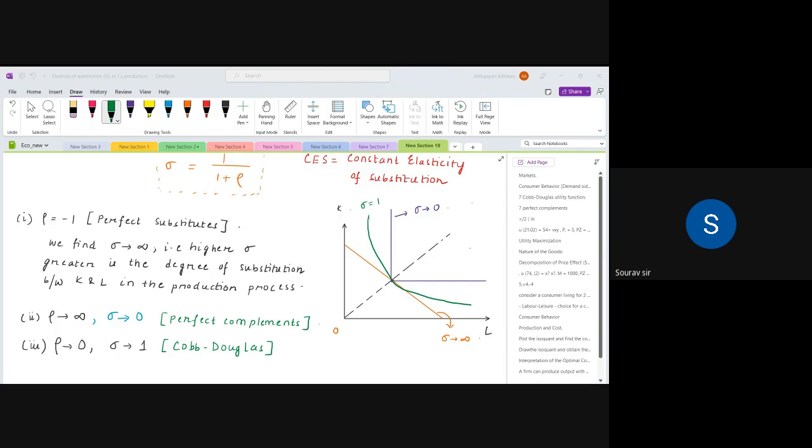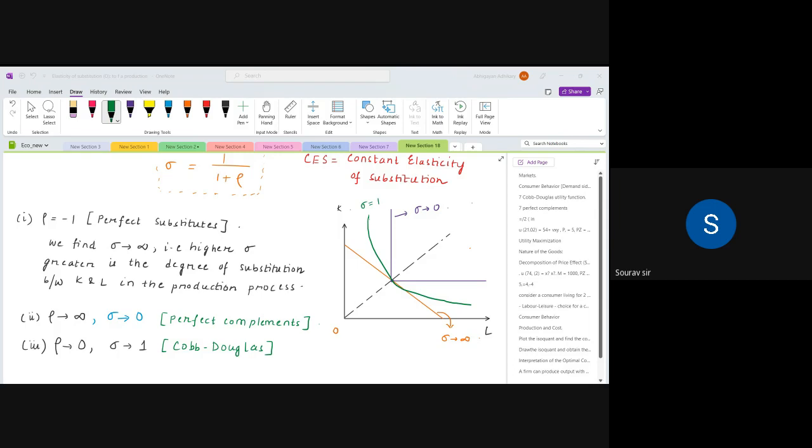So the elasticity of substitution can be anything between 0 to infinity, right? Those are like the two bounds. No substitutability mein sigma will be 0, and perfect substitutability mein sigma will tend to infinity. And for any other production functions that we take, Cobb-Douglas, I took one case, you can have quasi-linear and other possibilities of rho.